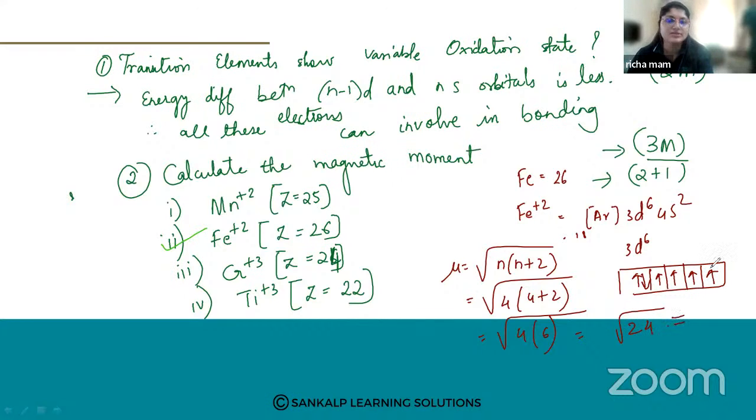Just see what answer you're getting. You should get 4.90 Bohr magneton. Are you getting it? Yes. So next is chromium. Chromium is 24, so it is argon 18, 3d.